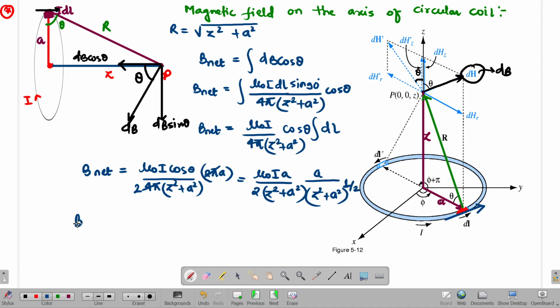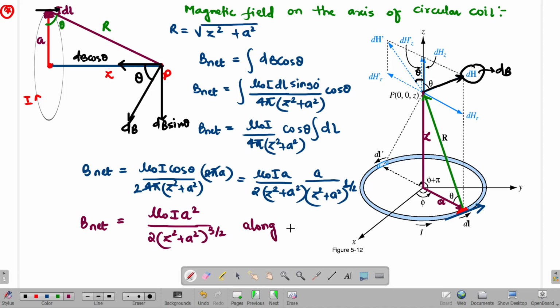So B net, you got the formula of the net magnetic field at the axis of a circular coil. It is mu naught I a square by twice z square plus a square to the power of 3 by 2. Is this clear?